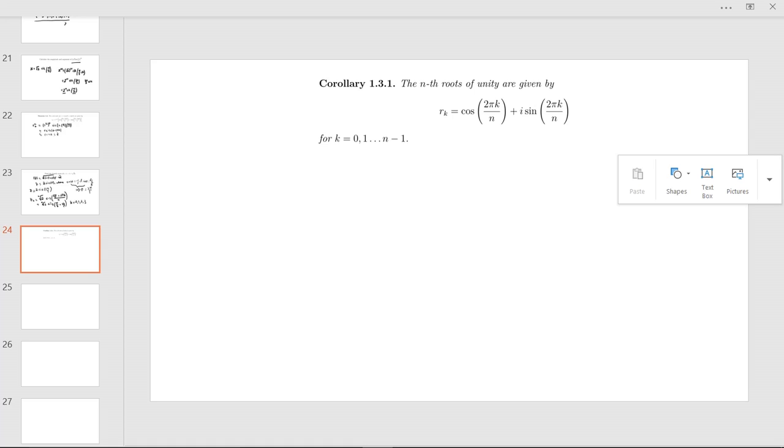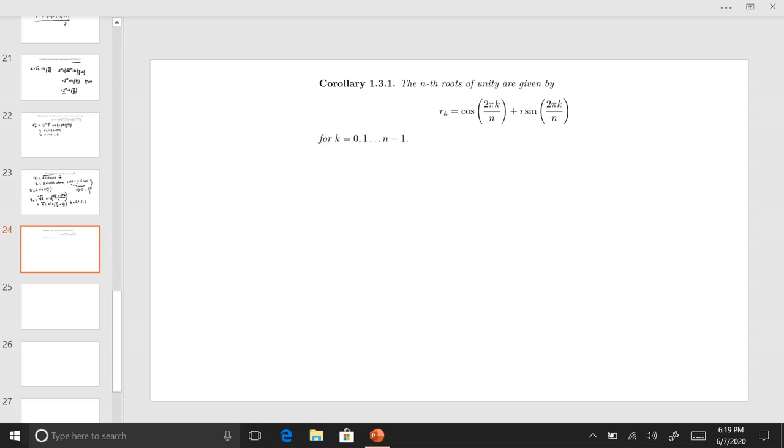We can look at the special case of cube roots of unity, where the roots form a triangle on the complex plane that is inscribed in the unit circle. The roots are specifically 1, (-1 plus root 3 i) over 2, and (-1 minus root 3 i) over 2.